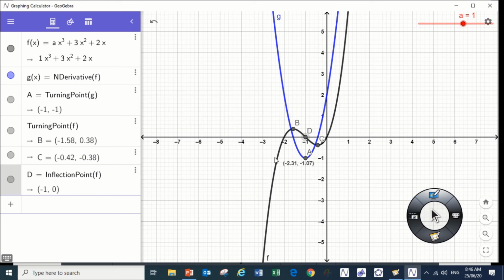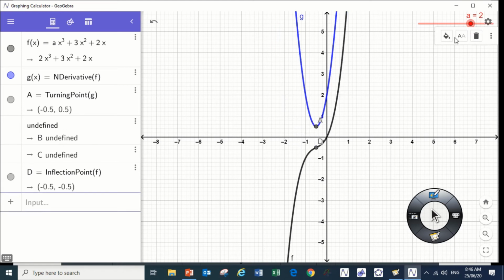Now let's change the value of a from being positive. Even if I take it there, you're going to have the same scenario that I just explained. So you can see now when a is 2, it's not coming out very clear because the screen is a little bit small. Now the quadratic function is a decreasing function.